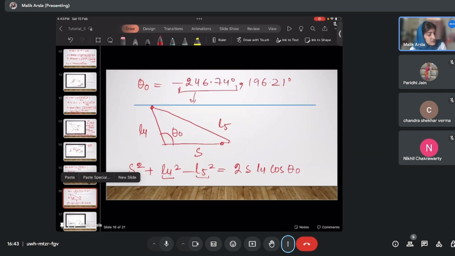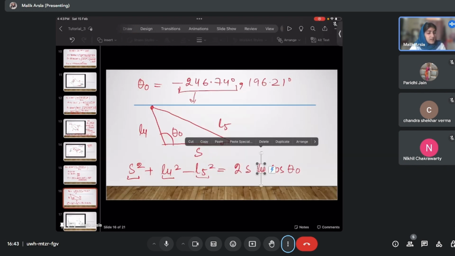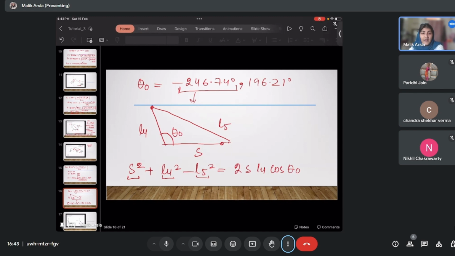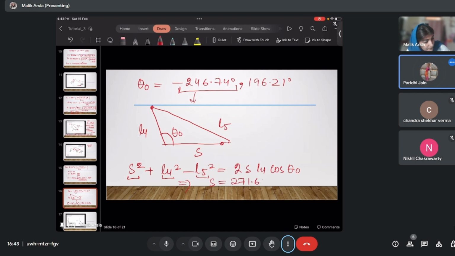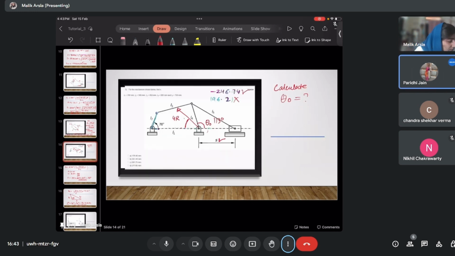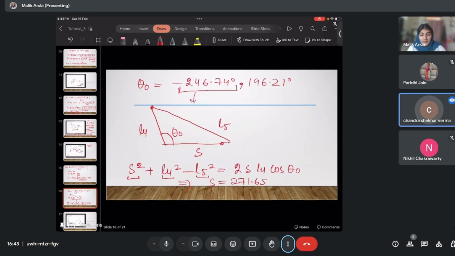So the S value is coming out to be 271. Anybody else got the same answer? Can you please once tell the value of L5? L5 is 750. Okay. 750 mm.